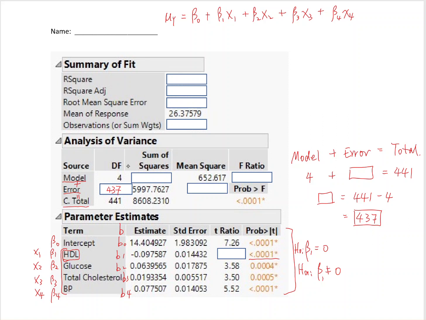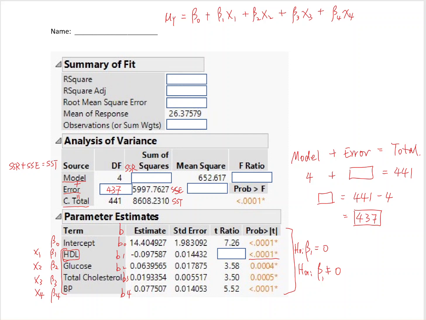SSR, SSE, and SST. So SSR plus SSE equals SST, and this blank plus this equals that.